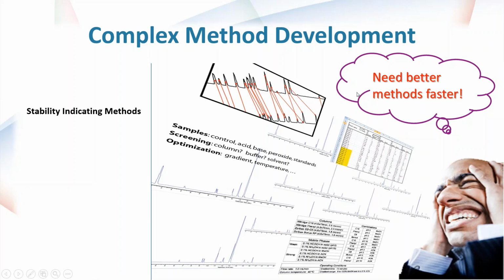For specificity, they want to analyze columns, so typically they'll select a number of orthogonal columns to get the best separations possible. They'll evaluate buffers and different solvents. Once initial methods have been identified, then they would take those initial methods and do further optimization by tweaking either the gradient, the temperature, or other factors in order to reduce the runtime or to improve the separation.